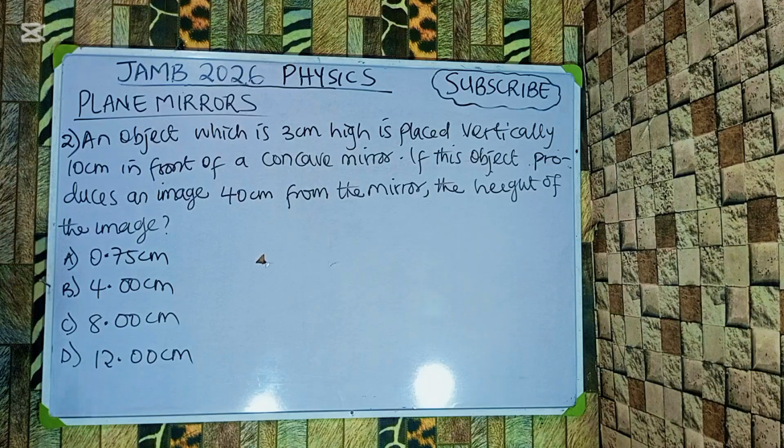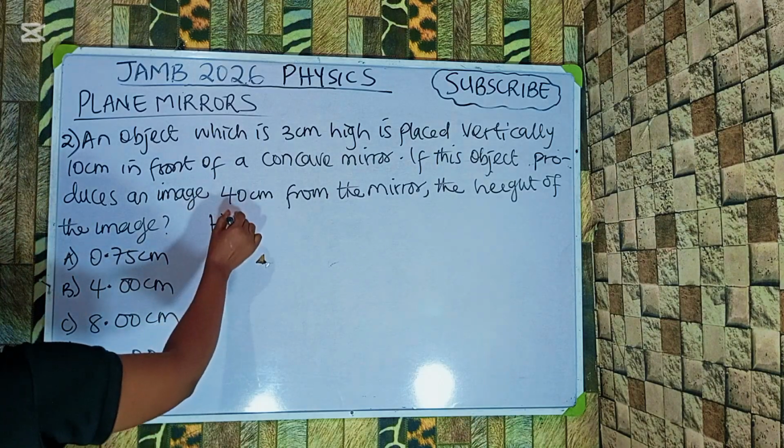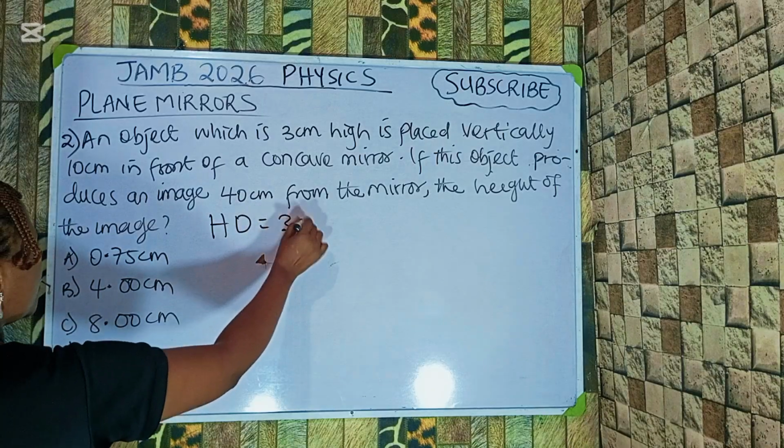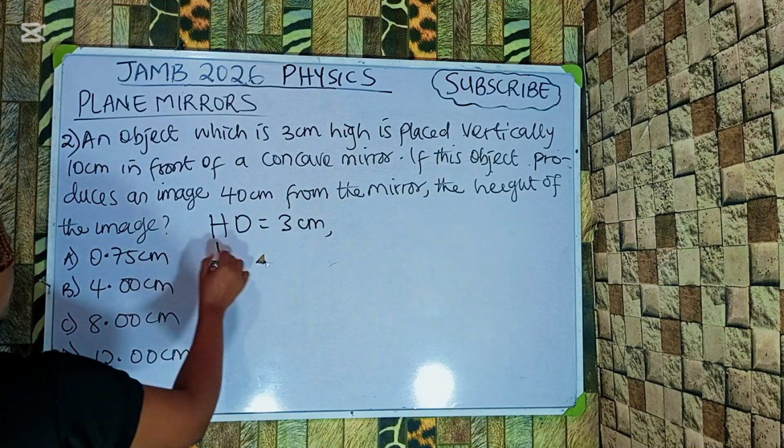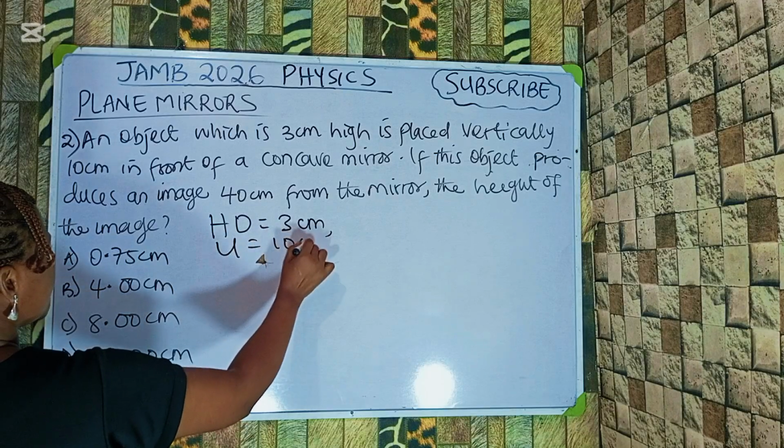An object which is 3 cm high, so that means the height of this object, HO, is equal to 3 centimeters. Now it is placed vertically 10 cm in front of a concave mirror, so the object distance, U, equals 10 centimeters.